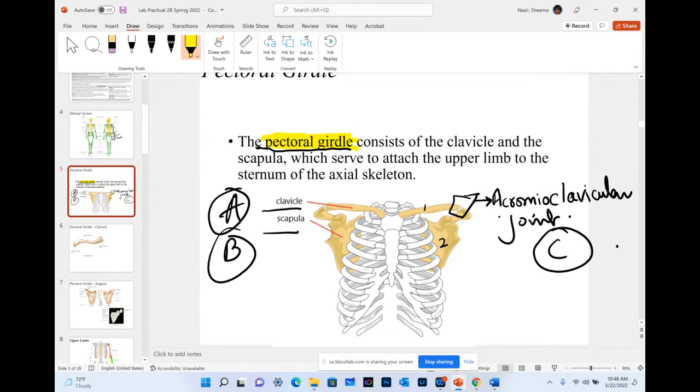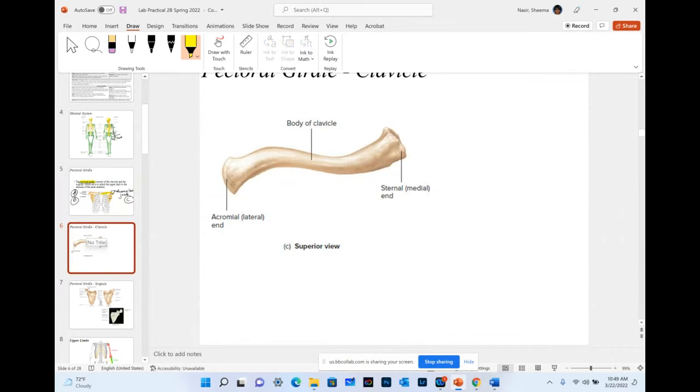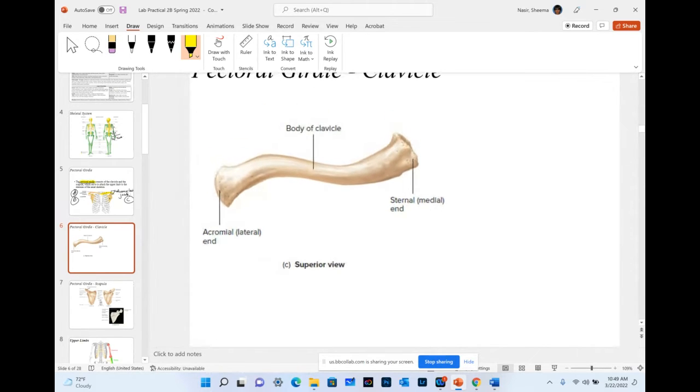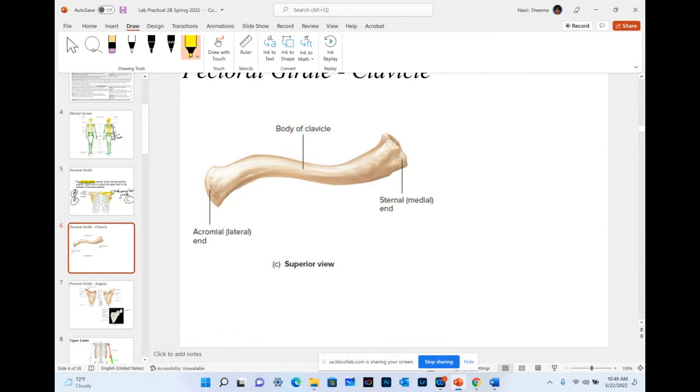Now we are going to look at the bone, which is your clavicle. In the clavicle, we are doing the 2 ends, sternal and acromial end. Feel the bone and curl your fingers around the clavicle, the 2 ends. One end is going to feel flatter. The other end is going to feel chunkier.